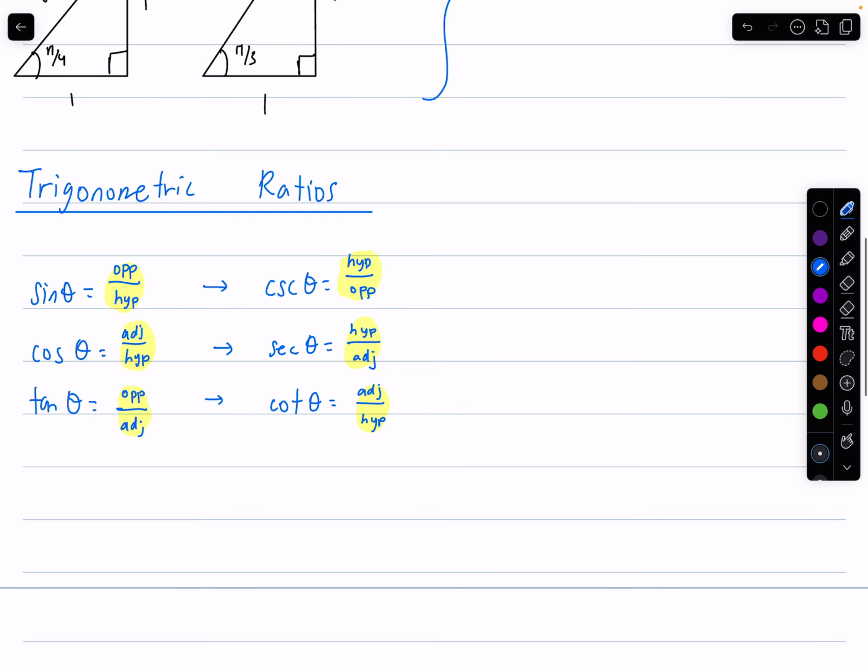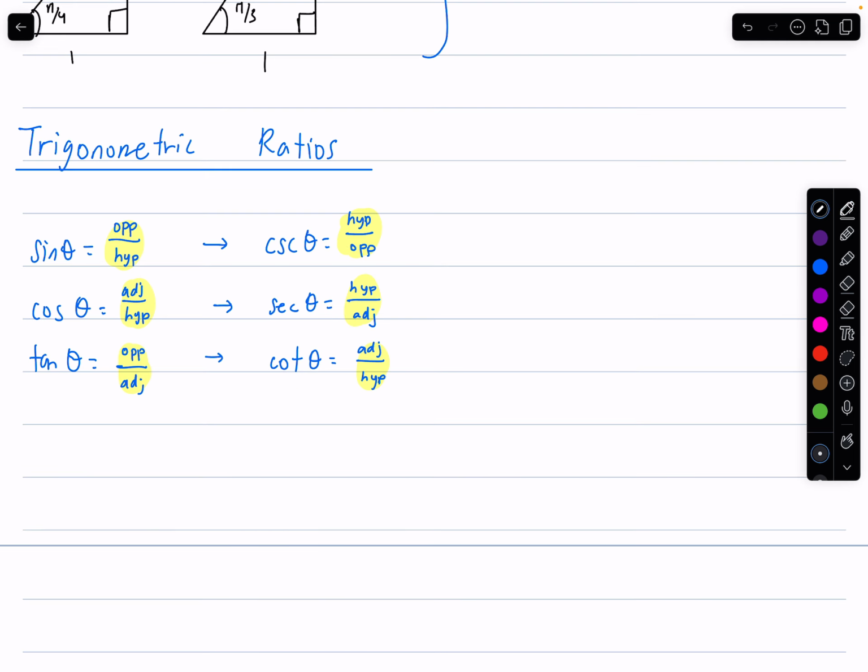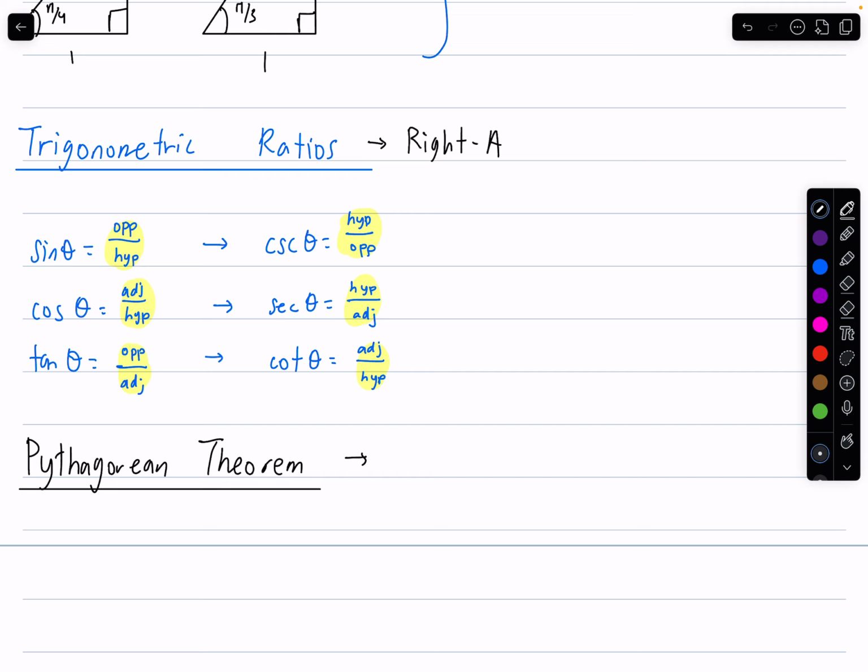The third thing you need to know is the Pythagorean theorem. When we're talking about special triangles, the Pythagorean theorem only applies to right angle triangles. Trigonometric ratios also only apply to right angled triangles.